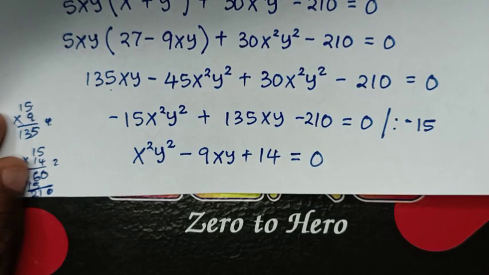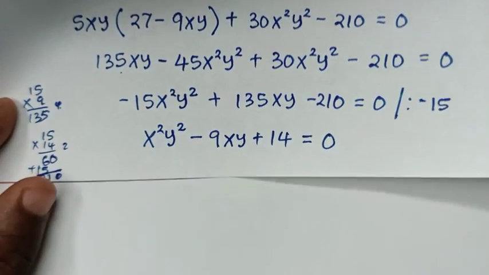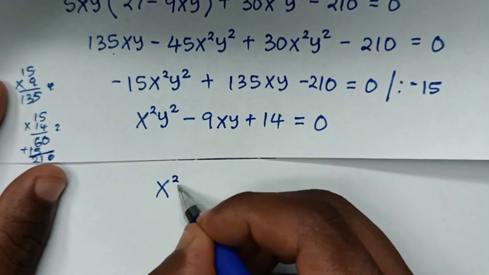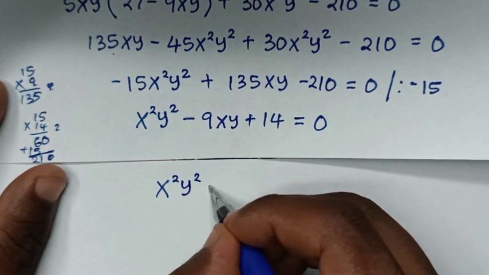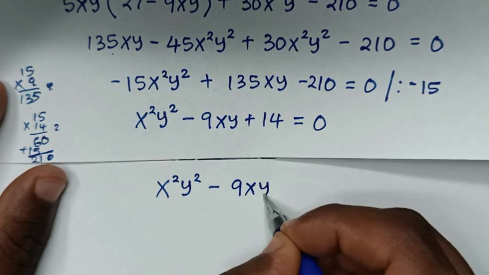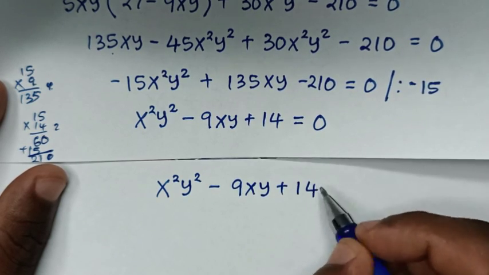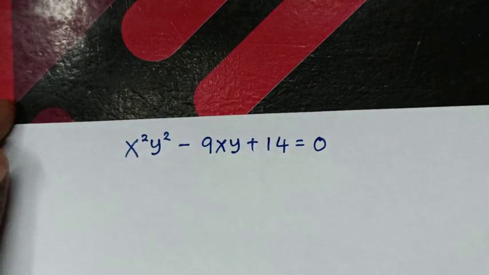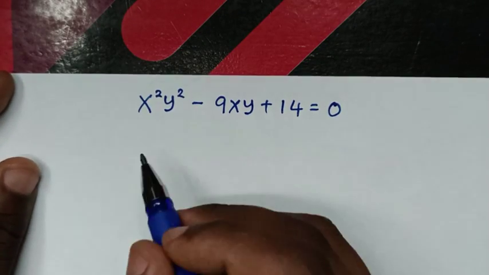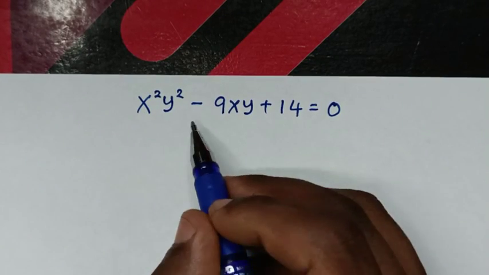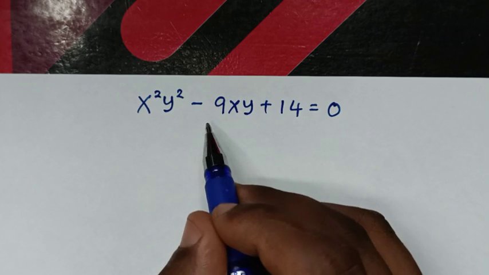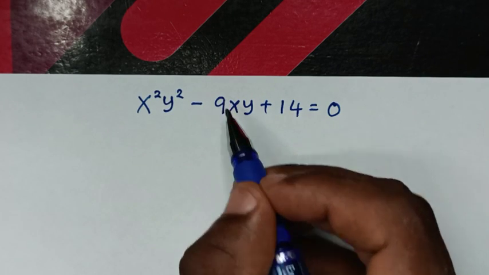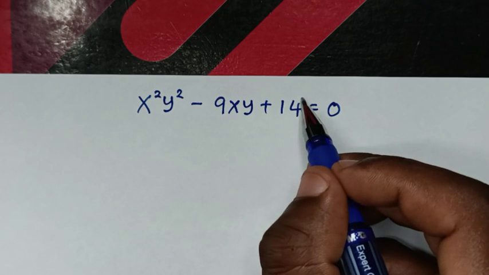Then in the next step, let's write this equation, which is x square y square minus 9xy plus 14 is equal to 0. Now this quadratic equation can be solved by grouping and factorization, where the sum is negative 9 and the product is 14.